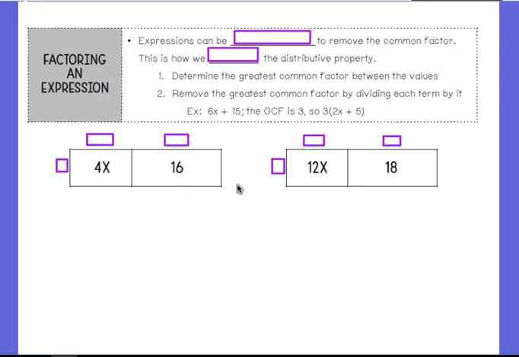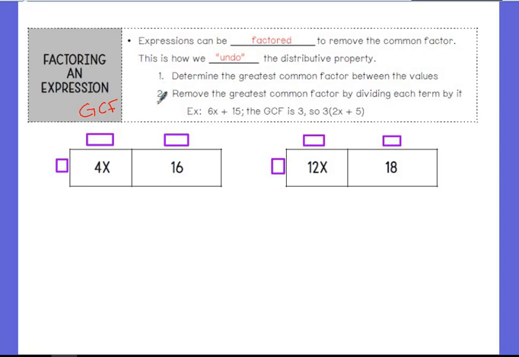It says factoring an expression. Expressions can be factored to remove the common factor. This is your GCF. This is how we undo the distributive property. It's kind of like we're working backwards.